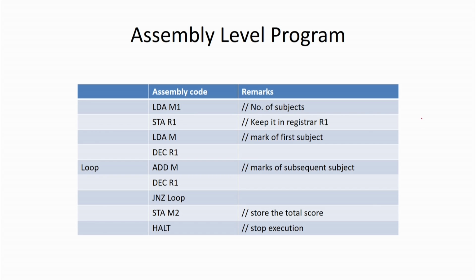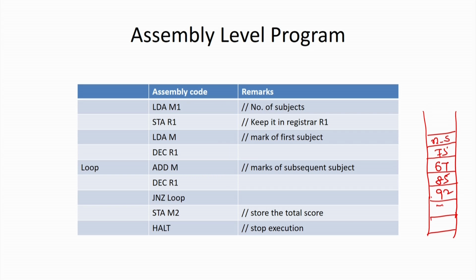So, this is the memory and we have some memory locations. In these memory locations we are storing the number of subjects, then say 6 marks in consecutive memory locations: 75, 67, 85, 92, 78, 89. So, this is the number of subjects; here we are storing 6.